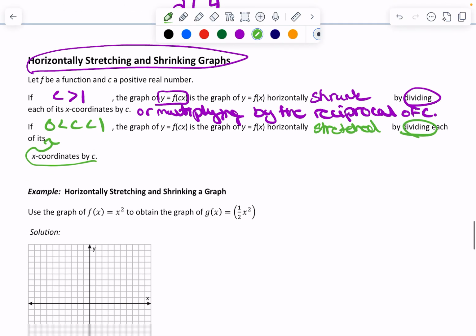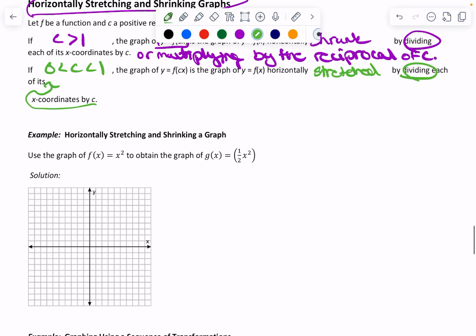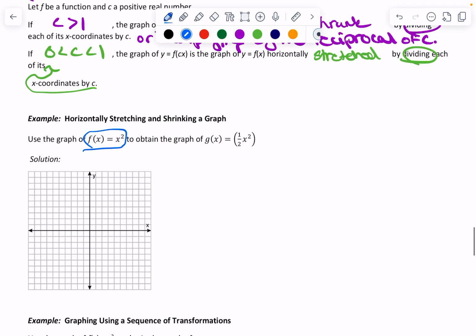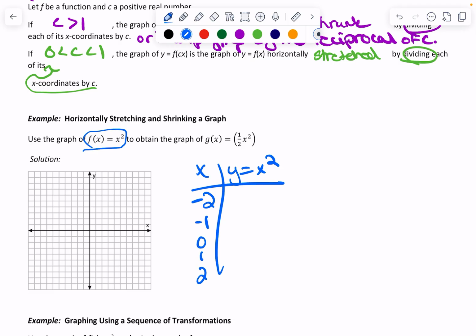Okay, so let's look at a graph. We have the parent function f of x equals x squared. Negative 2, negative 1, 0, 1, and 2.